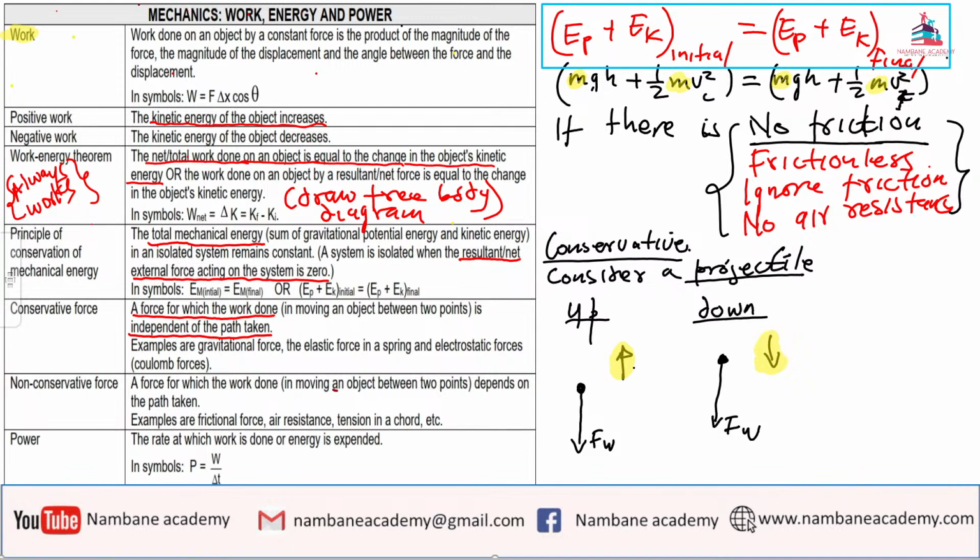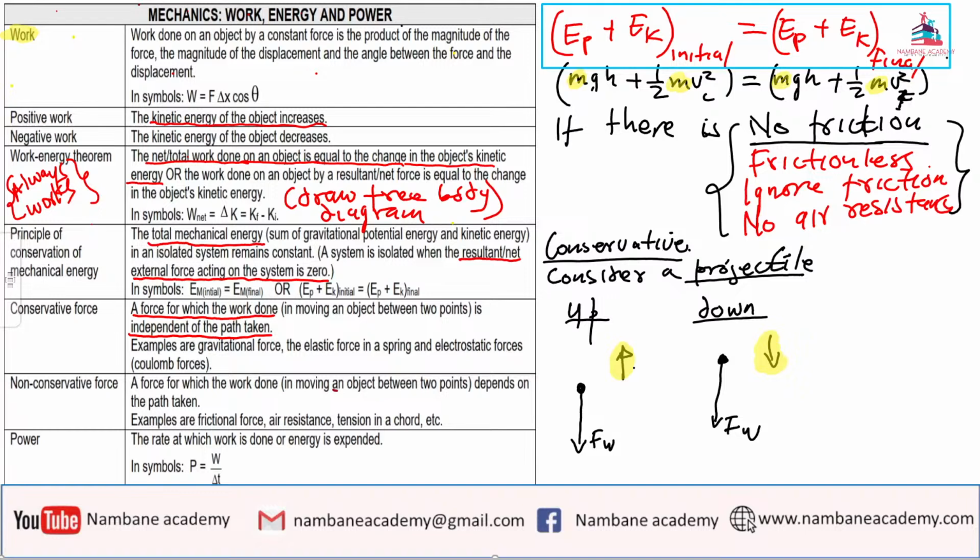Whether the projectile is going up, Fw is going down. Whether the projectile is going down, Fw is still going down. So it is not relying on the path that the object is going to travel. So a conservative force is a force for which the work done is independent of the path taken.